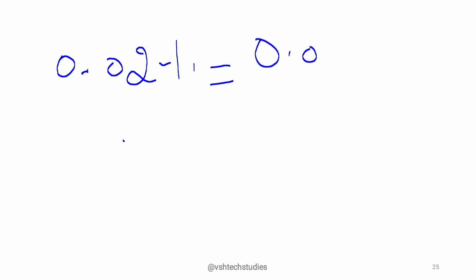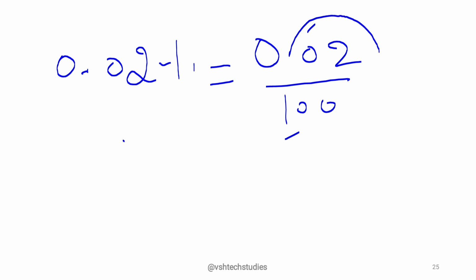Then 0.02% means how much? 0.02% means 0.02 parts in 100. Okay. So now if you divide 0.02 by 100, the easiest way is to shift it by 2 decimal points here.